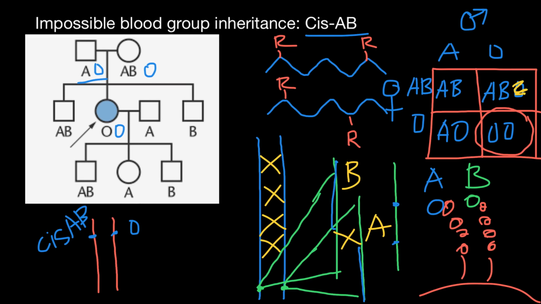According to this pedigree, when one parent is A, another AB, we do not expect that progeny would belong to blood group O, because only one parent, as you see, can give allele O. We expect that this is going to be either allele A or allele B. So we can expect that progeny only can be blood group A, AB, or blood group B. But again, we do not expect that progeny would be blood group O.